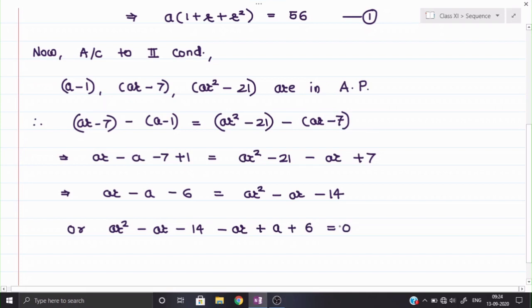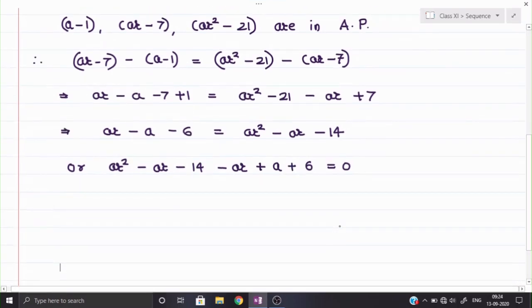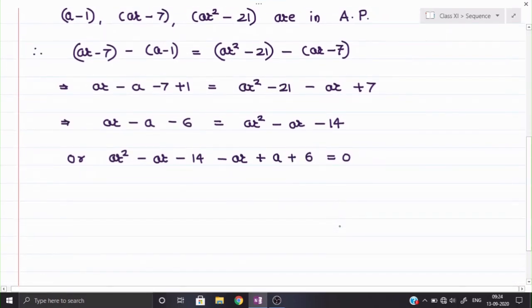Correct till here? The first 3 terms' signs will not change, and the next 3 terms' signs we have changed. So it would be AR square minus AR, and minus AR will become minus 2AR.